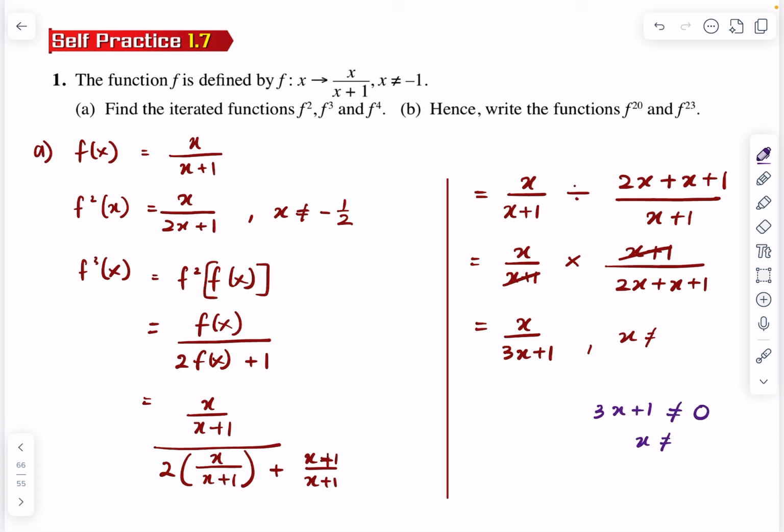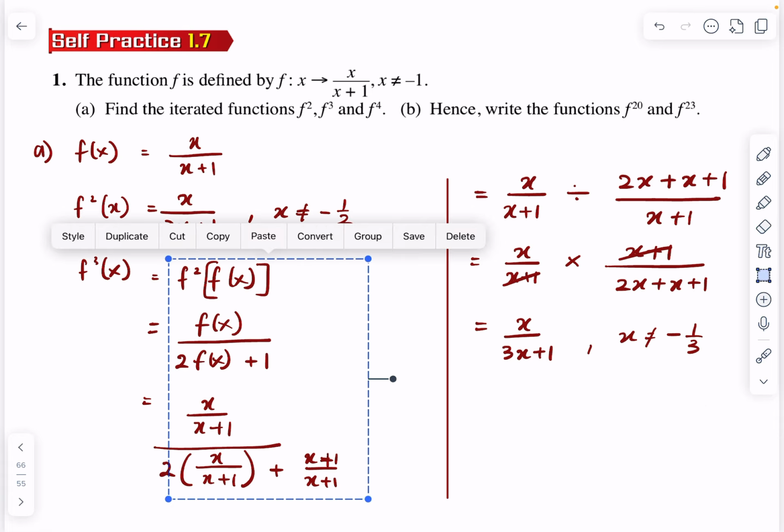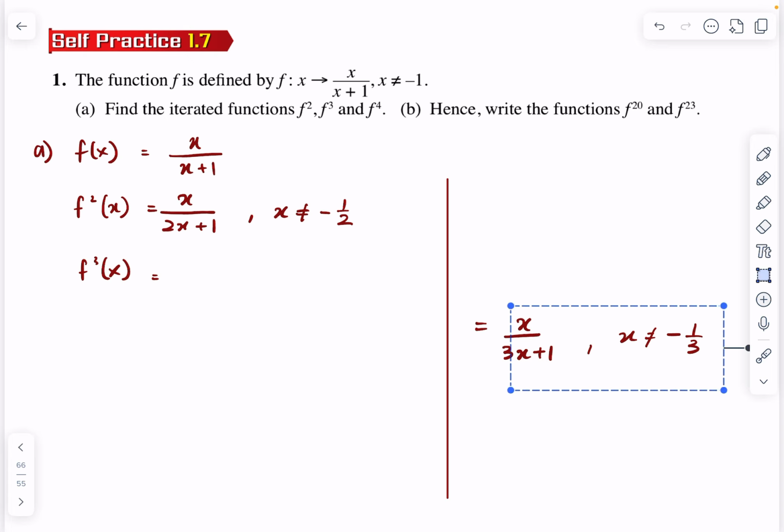Therefore, x cannot be negative 1 over 3. Positive 1 you bring there, become negative 1, then divide by 3. So x cannot be negative 1 over 3. This is our f cube x. This is our answer.